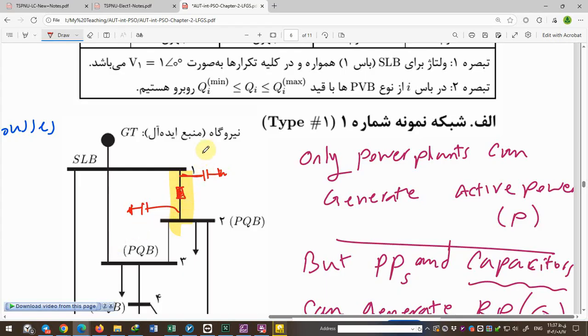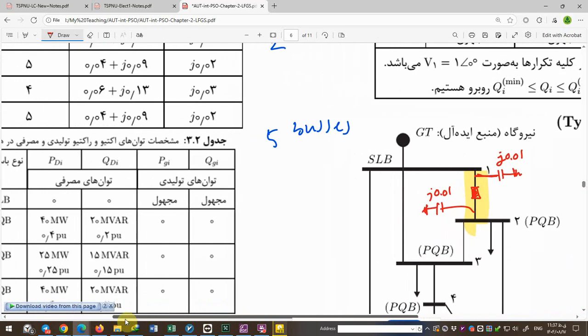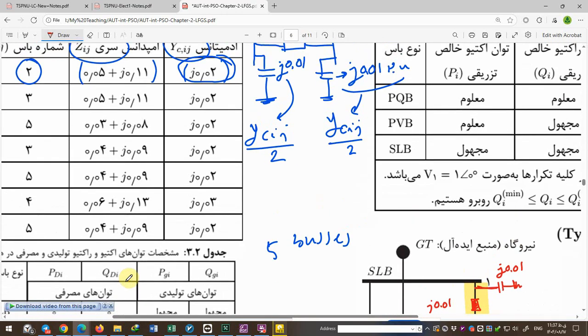Okay, this is J 0.01, and its impedance is 0.05 plus J 0.11.